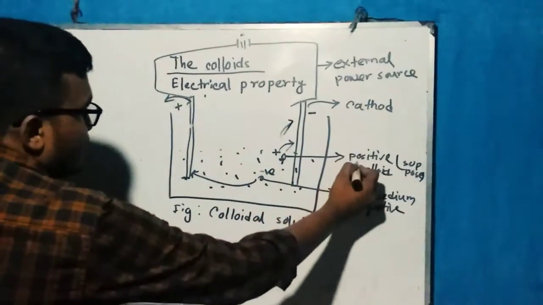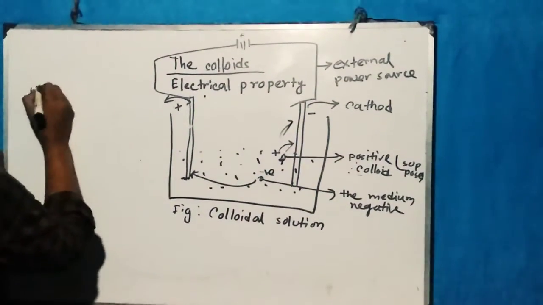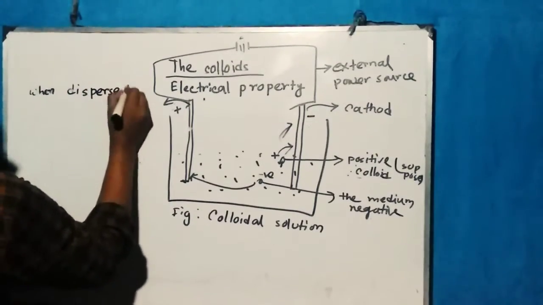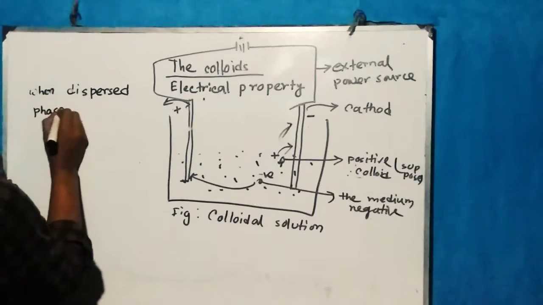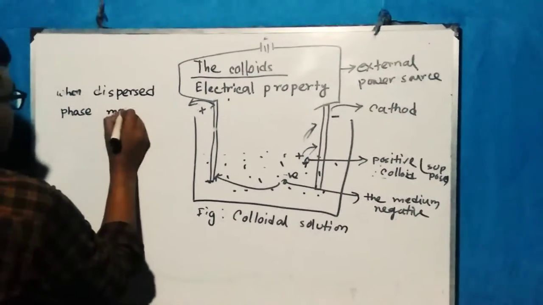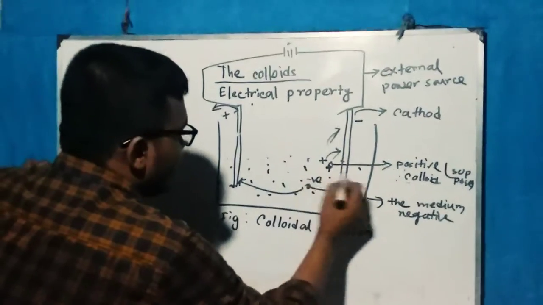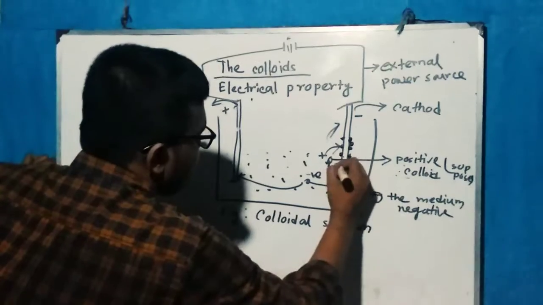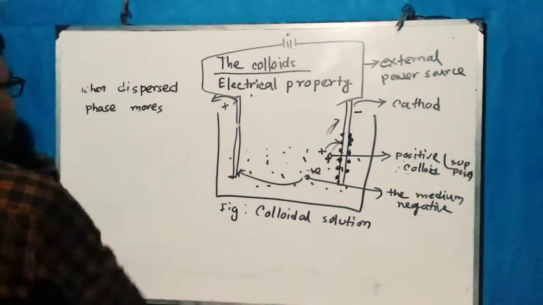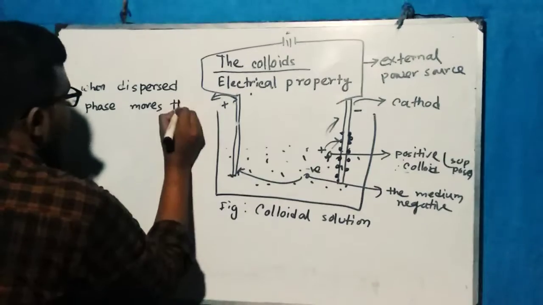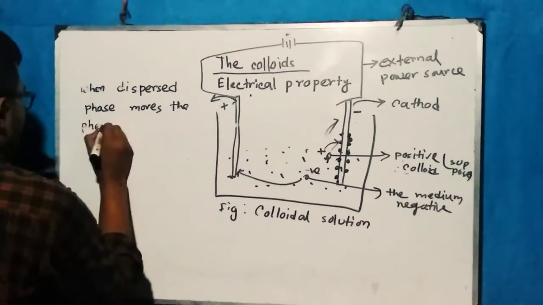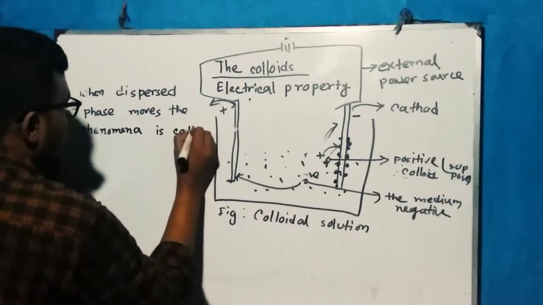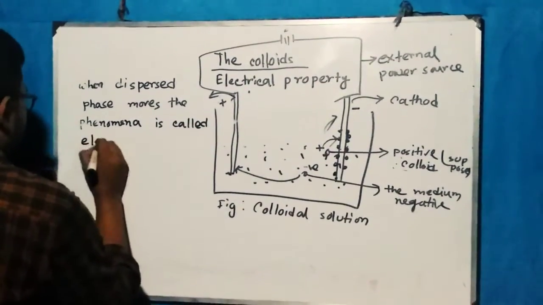So the positive colloid is the dispersed phase. When the dispersed phase moves to the cathode, the phenomenon is called electrophoresis.